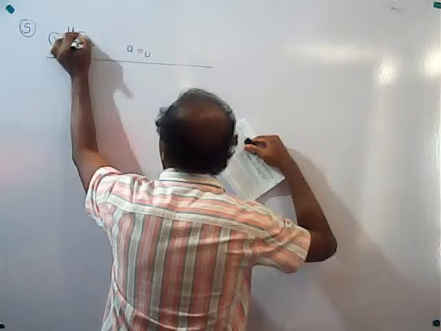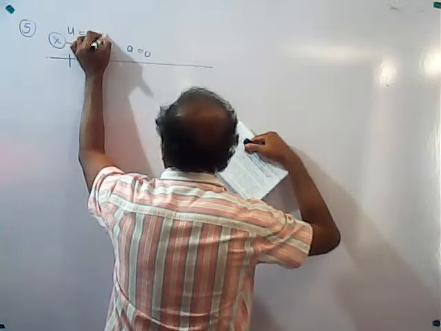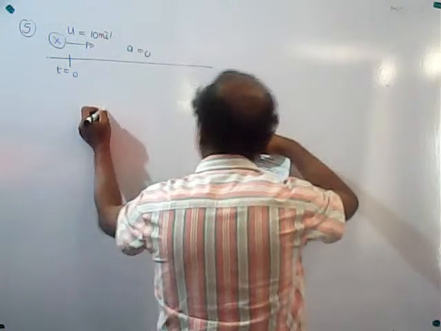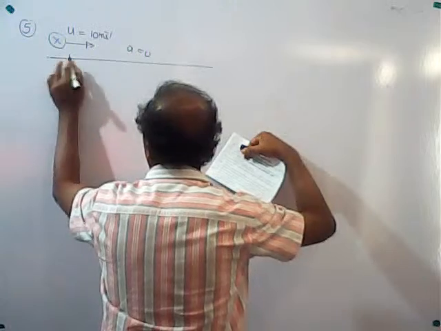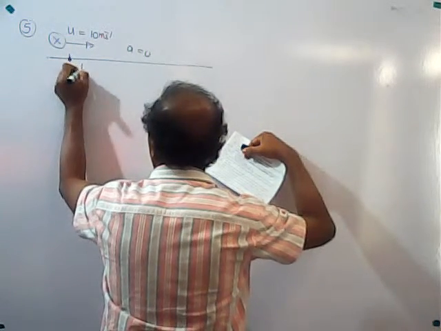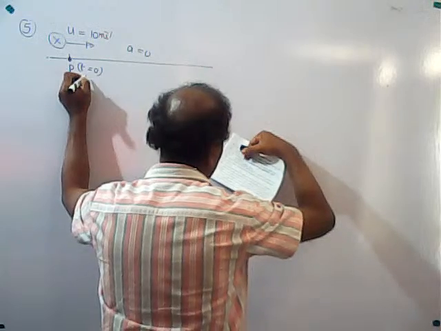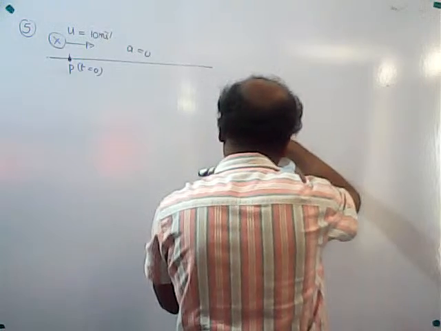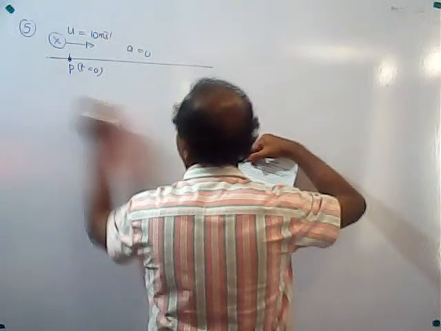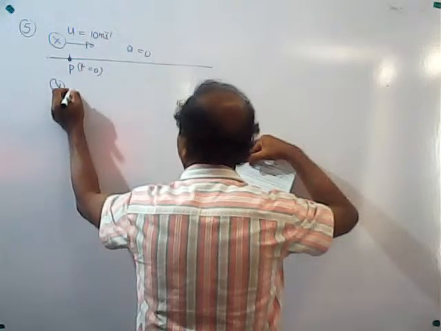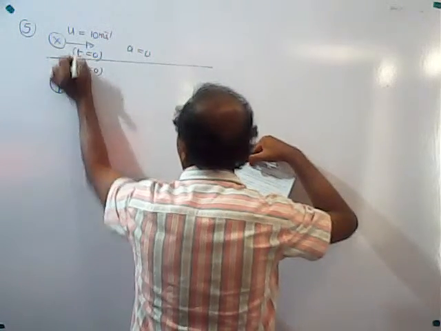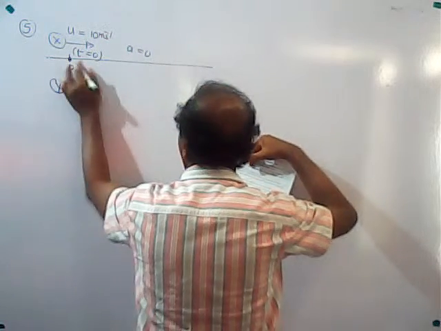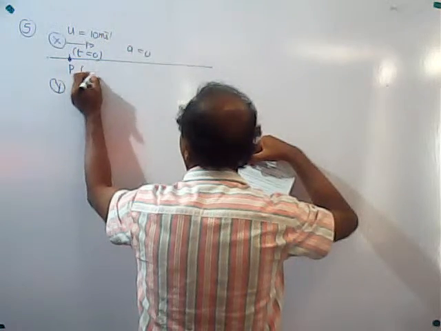X's velocity is always 10 m s minus 1. At t equals 0 it passes a point P. The second motor car Y comes to the point P at t equals 5.